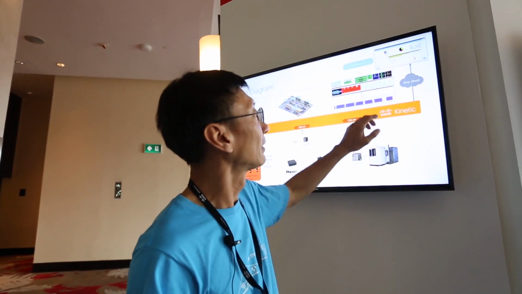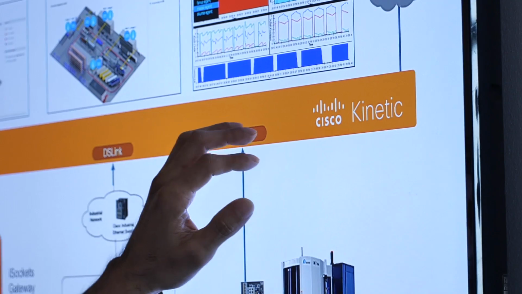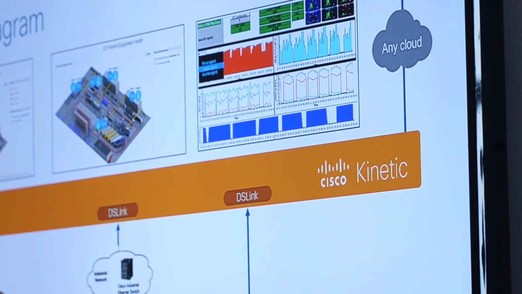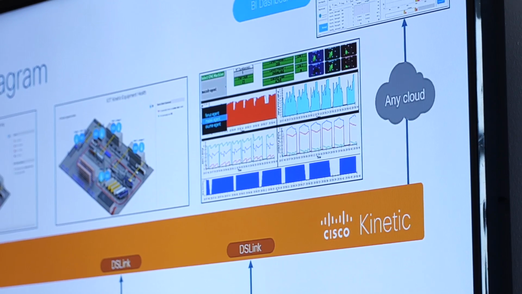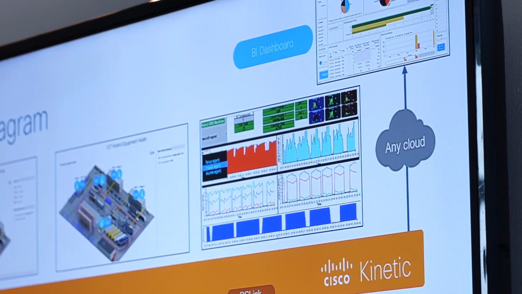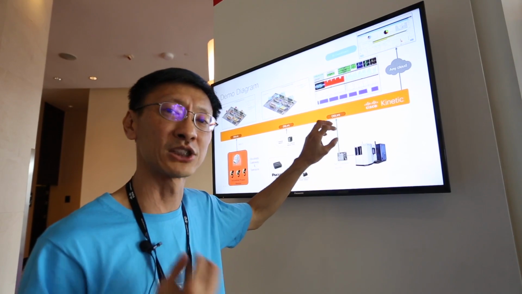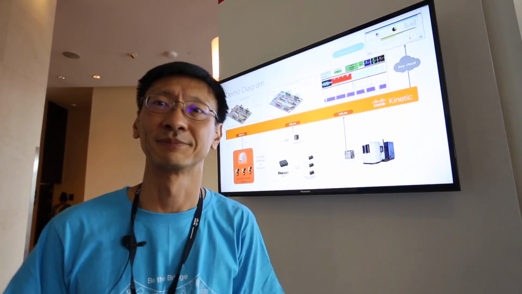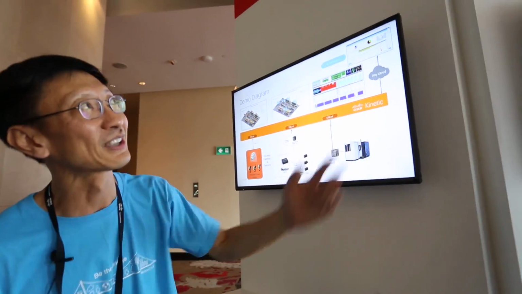And last but not least, from the same data platform, you can connect to any AI cloud so that you can use your AI or ML to analyze and maximize the value of your data. Right. Then you can go to the next one.